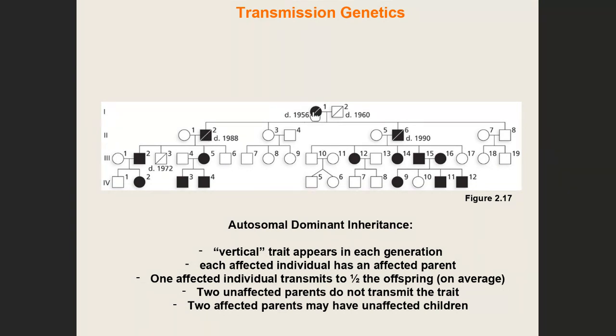And if that gene chromosome is transmitted, then you see the trait, and 50% of the time it's not, so you don't see the trait. Okay, so this is an autosomal dominant trait.